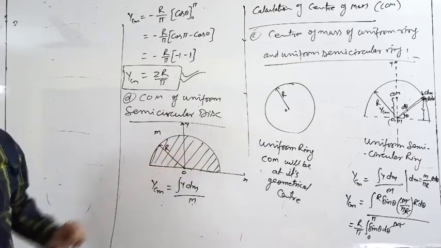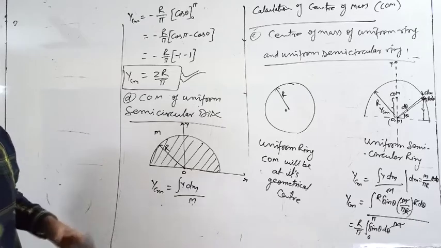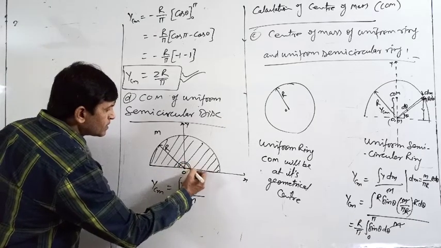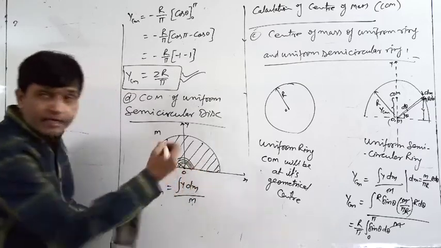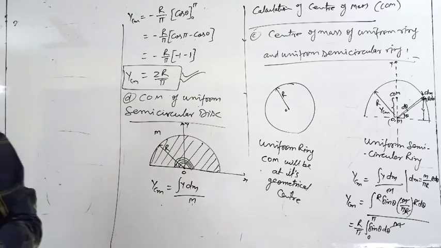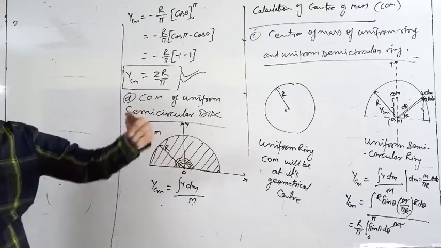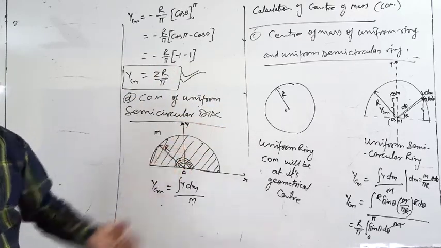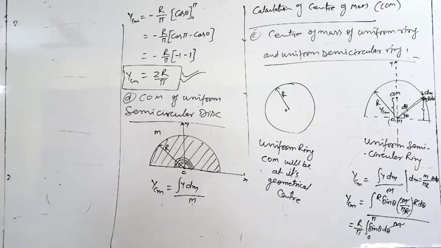This semicircular disc can be said to be a number of semicircular rings of increasing radius kept one over another, and then it forms a semicircular disc.